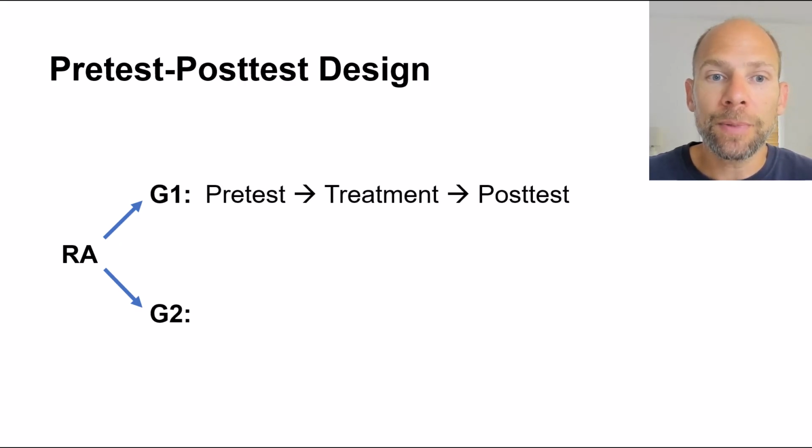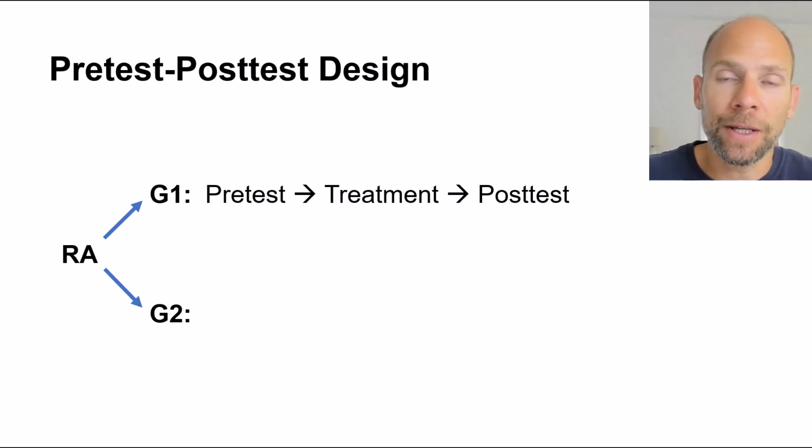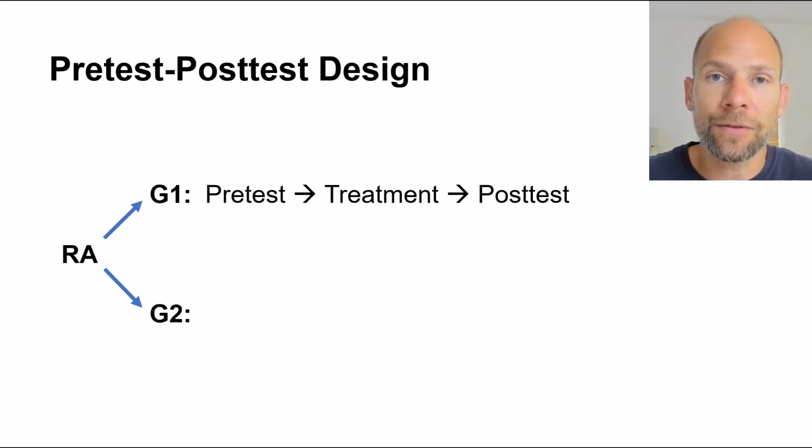G1 would be a group that receives treatment. So in this case, let's say smoking. They would be tested for lung cancer before the treatment, or whatever the outcome variable is, to make sure that they don't have this already, or that we know what a certain level of that is at pre-test. And then they get the treatment.